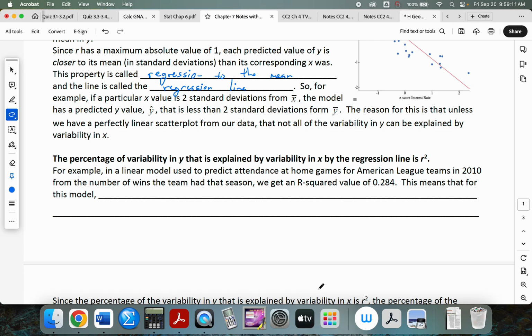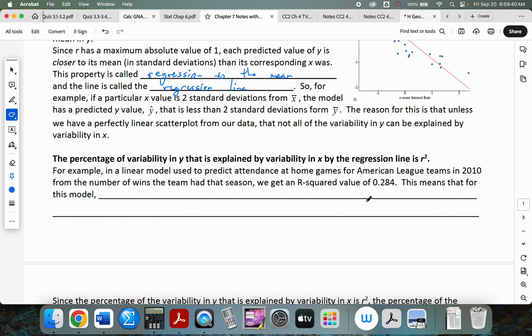So the percentage of variability in y that is explained by variability in x by the regression line is r squared. For example, you've got a linear model used to predict attendance at home games for American leagues in 2010 from the number of wins the team had that season, and we get an r squared value of 0.284.